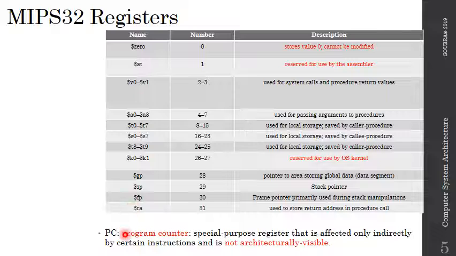So there's a special purpose register with MIPS that is not visible from an architectural point of view, and this is something that we cannot program ourselves directly. We don't have direct access to it. However, there are some instructions that will lead to changing the value of the PC.